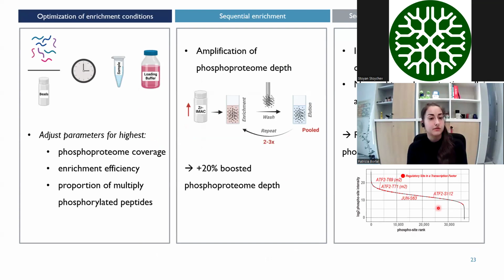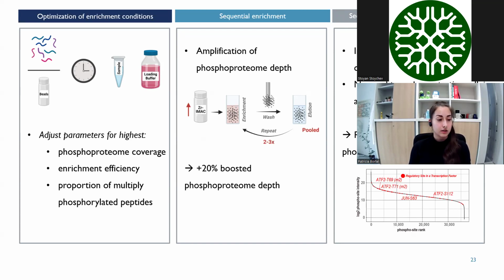So to sum up our findings of these three parts, we saw that during the optimization of the enrichment conditions, mainly the beads to peptide ratio, the binding time, the peptide input itself of the sample, as well as the glycolic acid concentration in the loading buffer can play a significant role on the resulting phosphoproteomes.